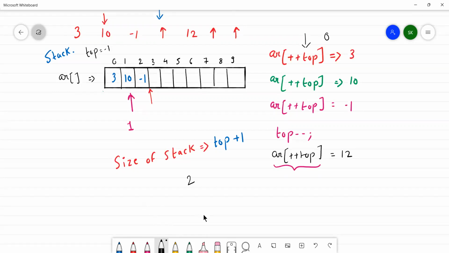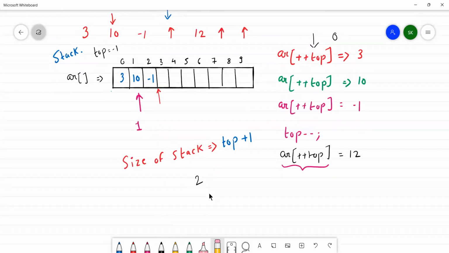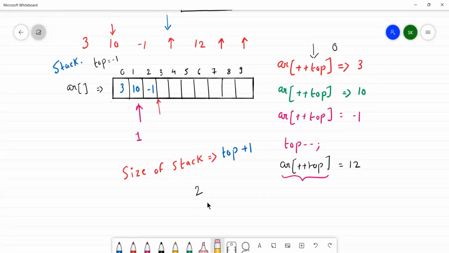Actually, I have a doubt. I'm trying to understand whether the size of the stack is the place where the pointer is. Yes, up to where the numbers are stored. But if you see pointer-wise, it is at index 1, but it is filled up till 2. I am talking only about the digits up to where your top belongs.